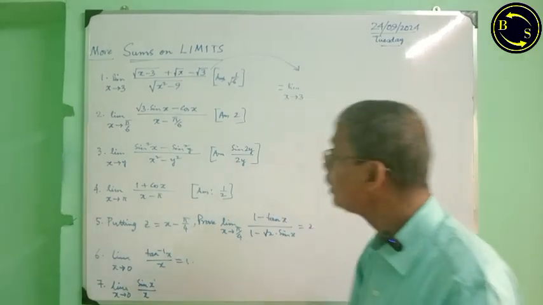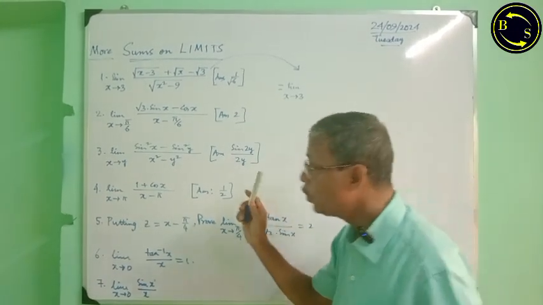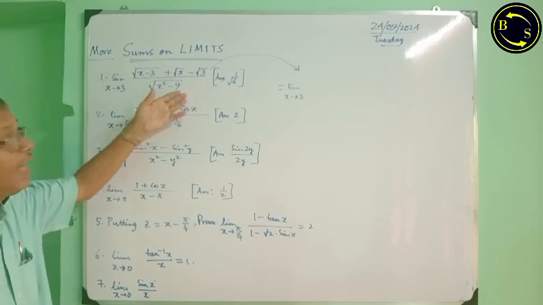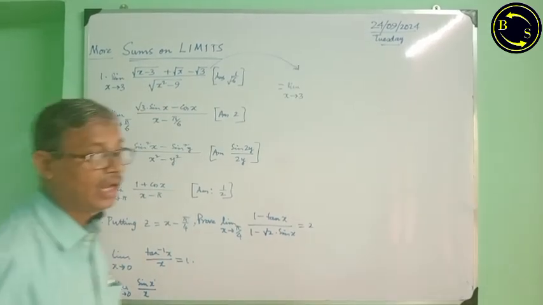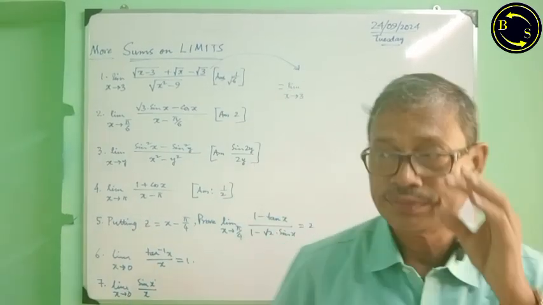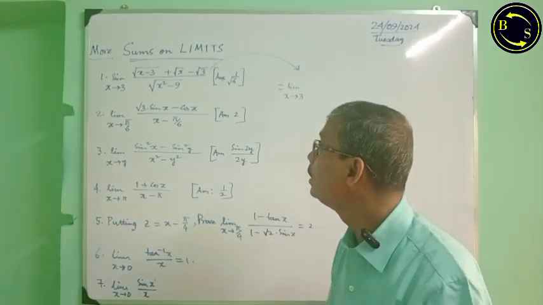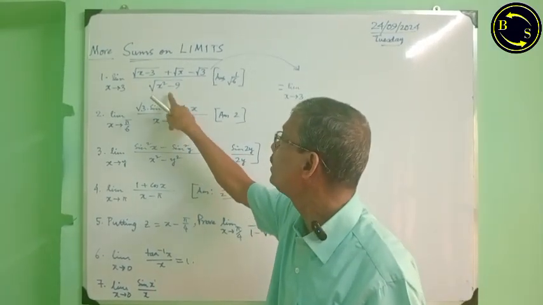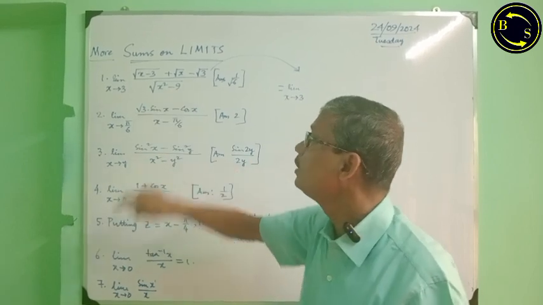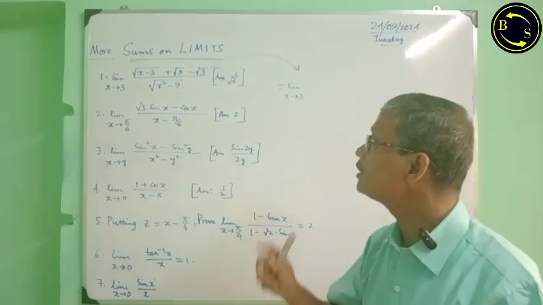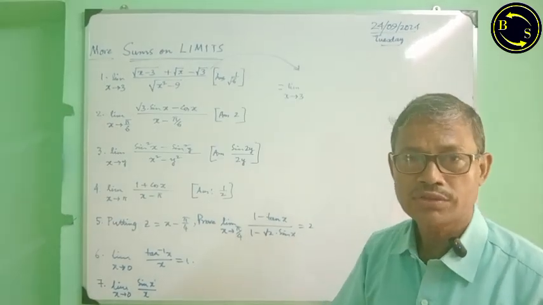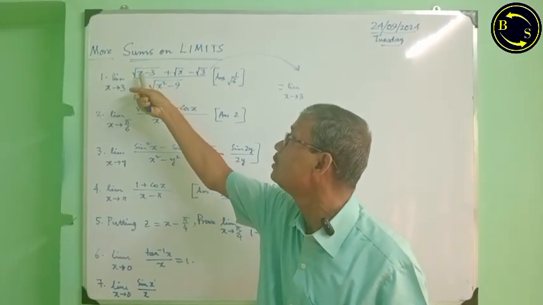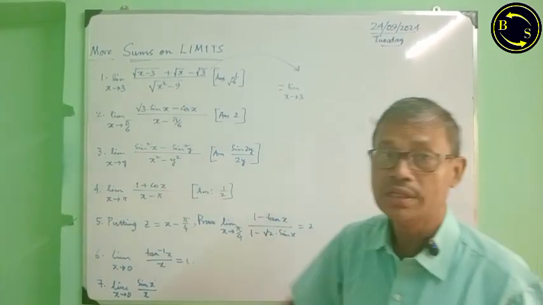One thing, first we note the numerator and denominator are in irrational form. Now, root over x square minus 9 can be written as under square root x plus 3 into x minus 3. And we find here root over 1 minus root over x minus 3.